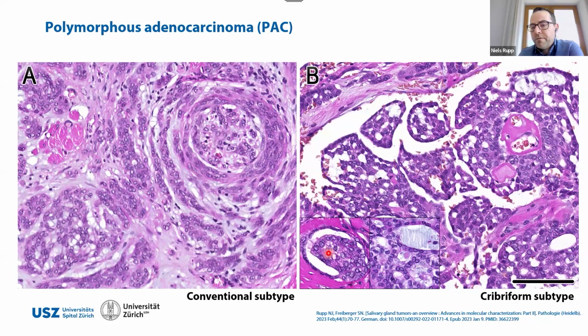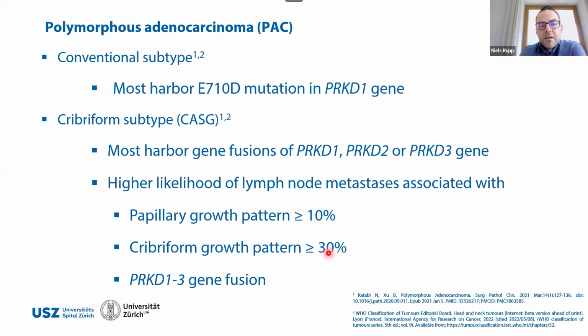They often show a more aggressive behavior, so they have an increased level of lymph node metastasis. However, they usually have a good prognosis anyway. The good thing about these entities is that they have very specific and very frequent molecular alterations. In the conventional subtype, in most cases, we find an E710D mutation in the PRKD1 gene.